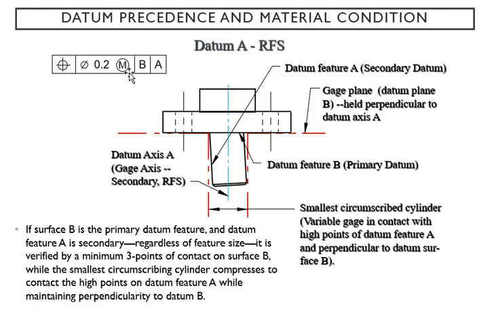So this control frame is changed because we're looking at datum B as a primary, which is this one, and then datum A as a secondary, which is this one right here.